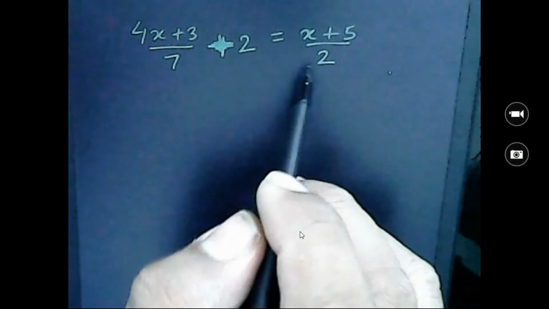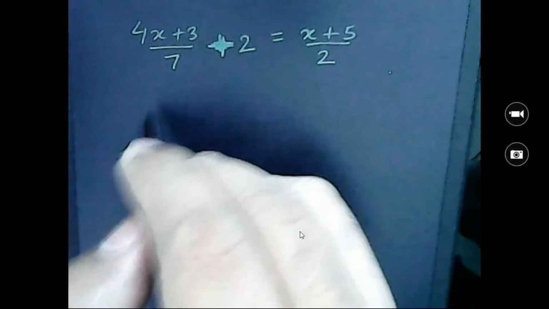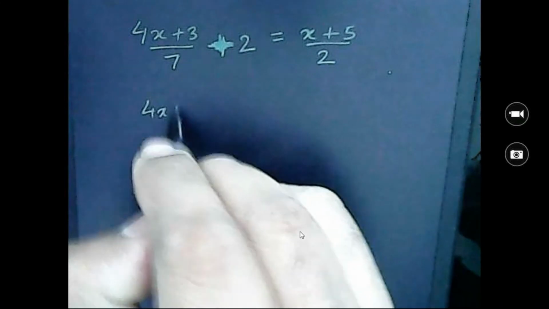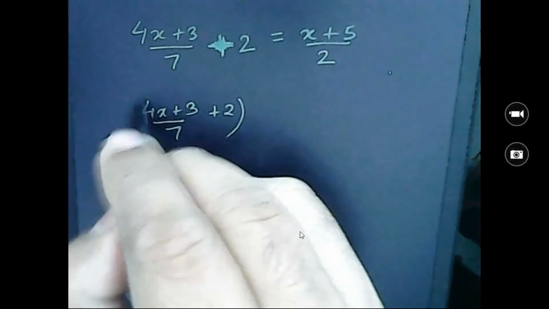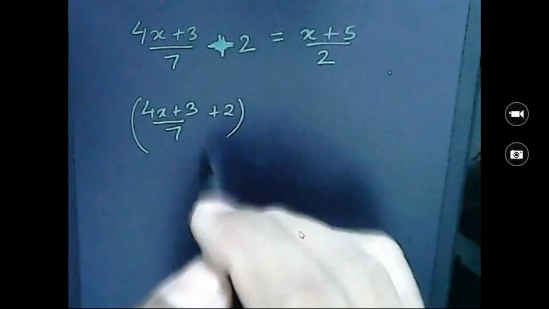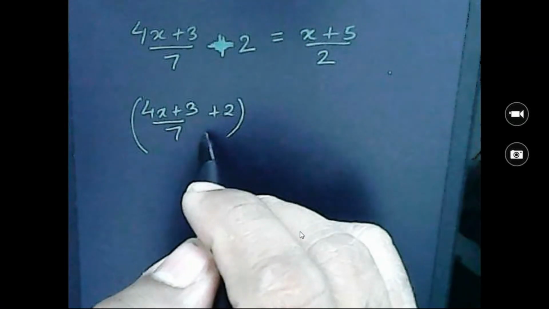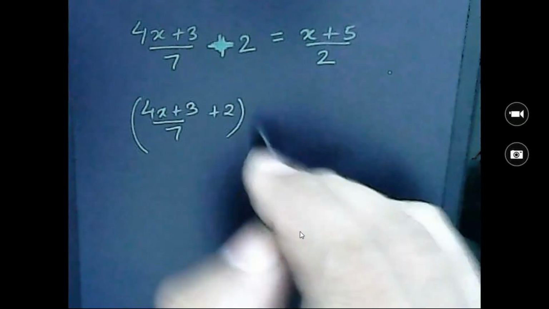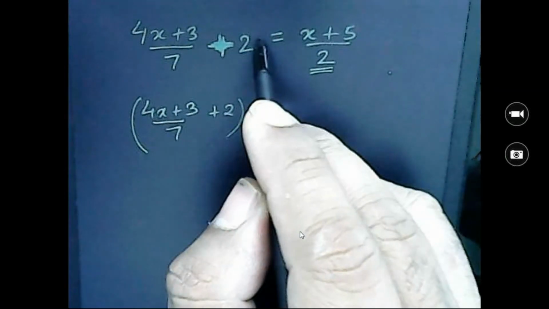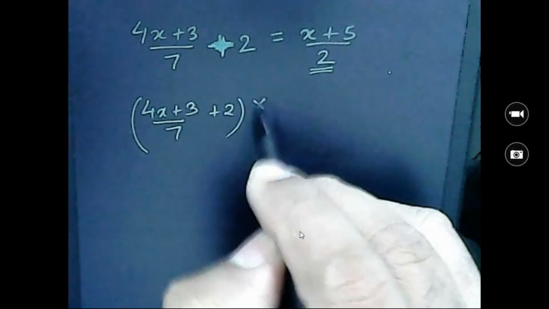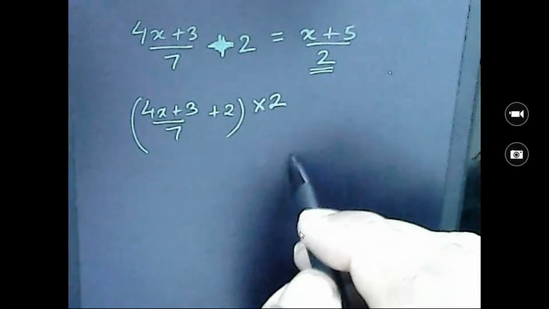Okay, so just go ahead and do one thing. First of all, 4x plus 3 upon 7 plus 2, put it into the bracket and make a cross product, right? So this divided by 2, once it moves out of this equal to sign, it will become multiplied by 2, right?